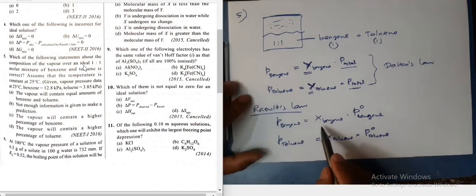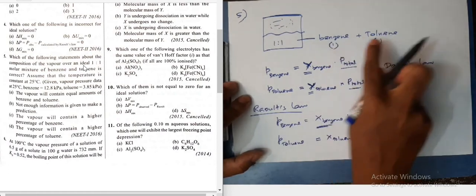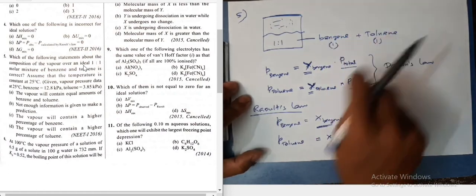This is the formula. Now go through the options. The vapor will contain equal amounts of benzene and toluene. Not enough information is given. Vapor will contain higher percentage of benzene. Vapor will contain higher percentage of toluene. How to find out? See, here we have taken equal moles. Therefore, the mole fraction of benzene and the mole fraction of toluene are one and the same.